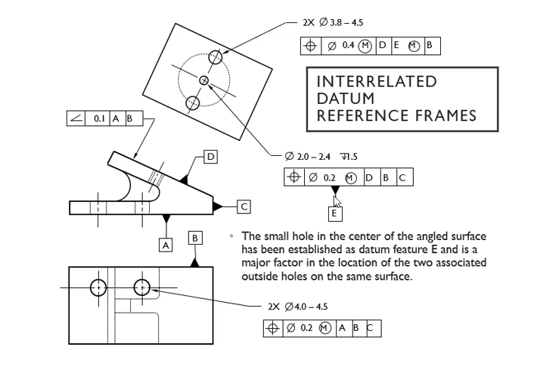What it's talking about is that it is associated to this hole as well, so you have two different holes. Therefore, when you do this E datum feature, you have to think about this too. Because you have a location of the two associated outside holes, and that's happening on the same surface, and that's what we call interrelated datums.